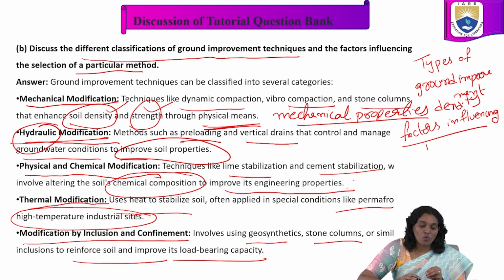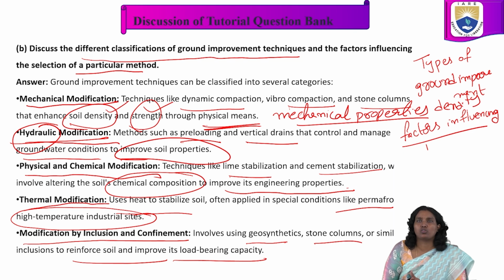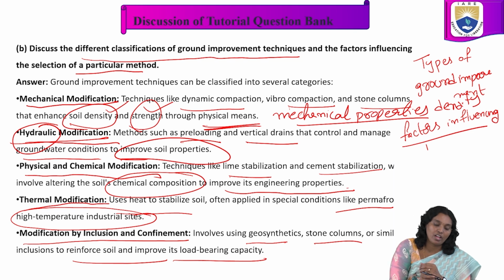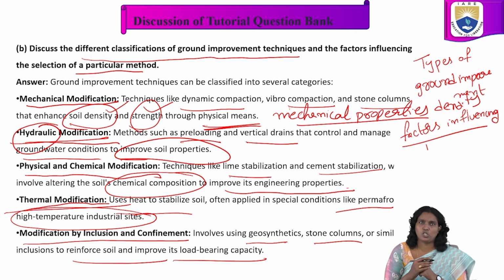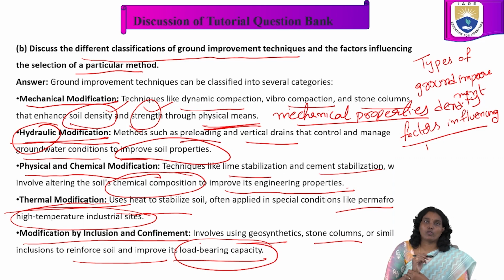Next, move on to the thermal modification. Use heat to stabilize the soil in special conditions. Whenever high and low temperatures are there, we use this kind of thermal modification. Whenever we use geosynthetics and stone columns to reinforce, based on the load bearing capacity properties, we choose them when improved load bearing capacity and reinforcement are required for the soil.